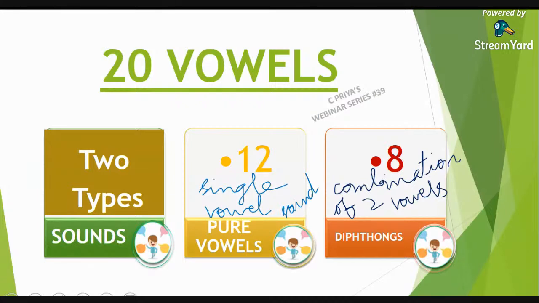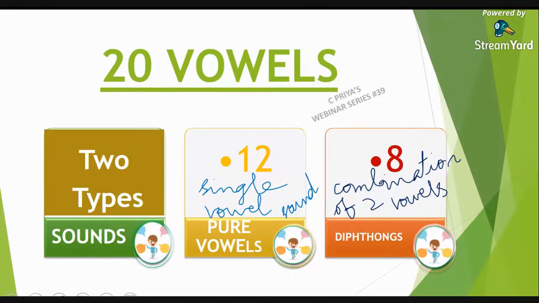Our English language has 44 sounds. Basically, we know 26 alphabets. The 26 letters produce 44 sounds. They are categorized into two. One is vowels, next is consonants.